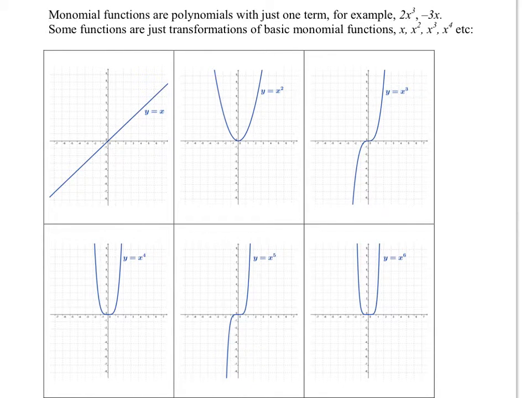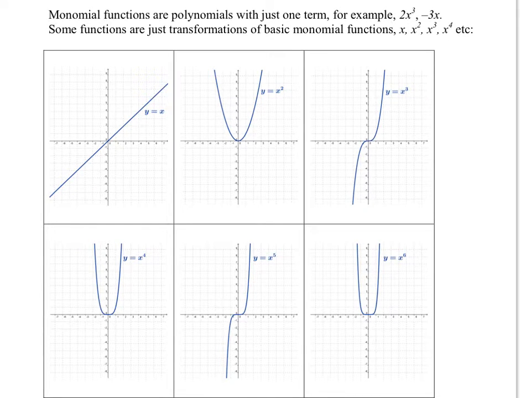So sometimes we'll be looking at, for example, -x squared, and that would be x squared turned upside down. And then sometimes we'll be doing a transformation where we shift this function to the right or to the left or up or down. Notice, please, about these monomials, that anytime we have an even power, like x to the power of 2, x to the power of 4, x to the power of 6, we've got something like a happy face, if you like, a happy smile.